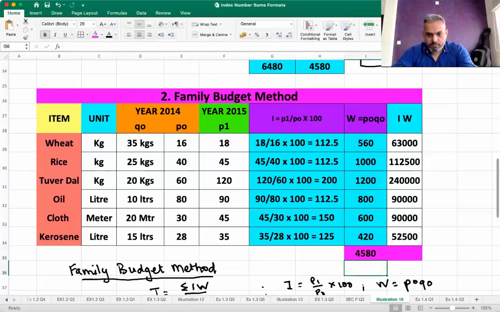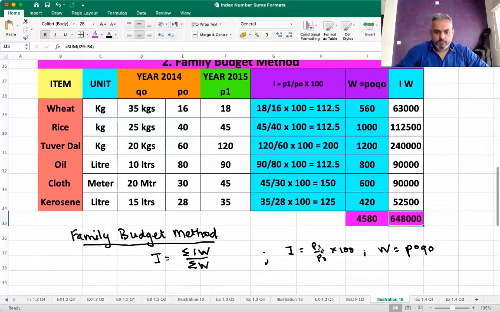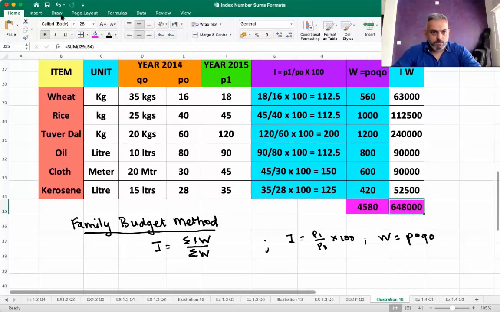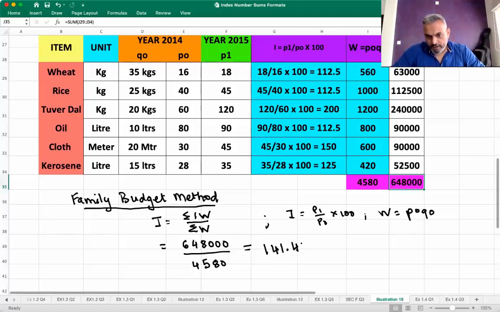Total 4580 and 6,48,000. Now let's put it in the formula, which is equal to 6,48,000 upon 4580, 141.48.